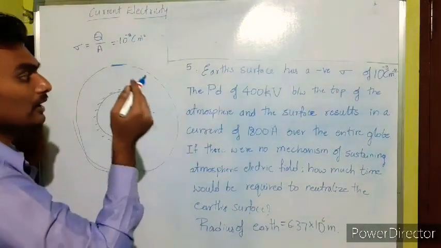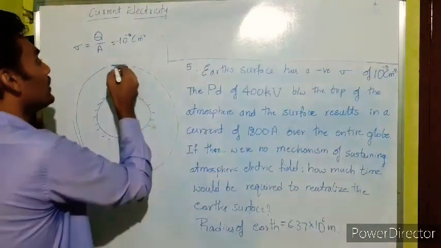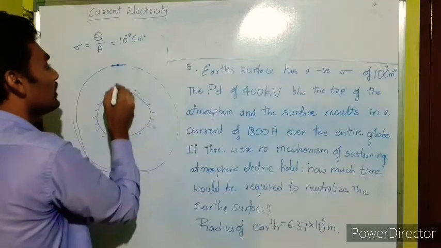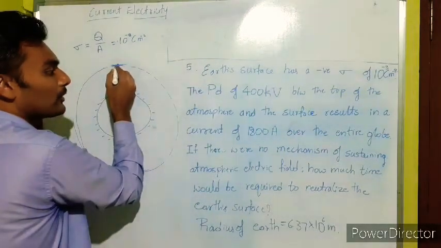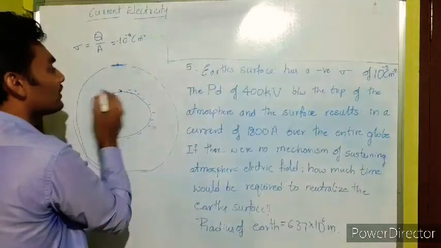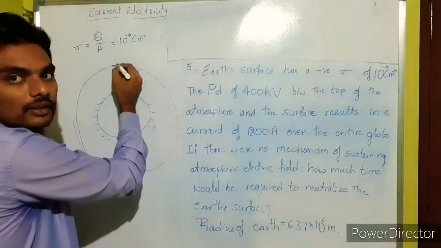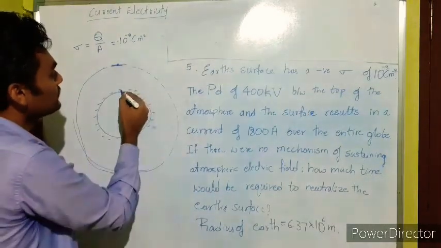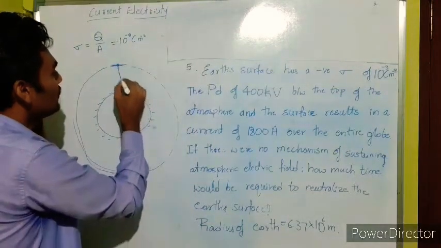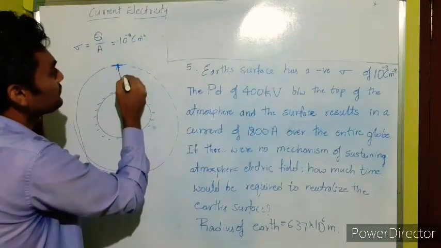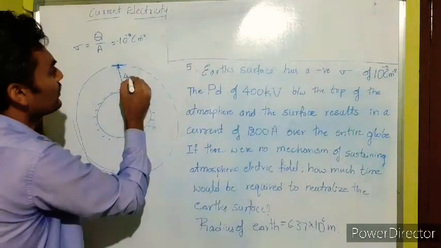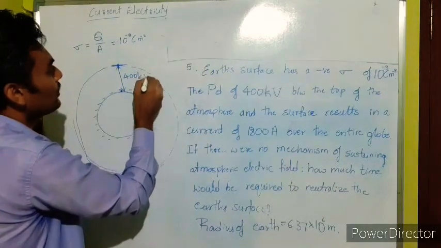But between the top of the atmosphere and the surface of the Earth, we have a huge potential difference, which is 400 kilovolt.